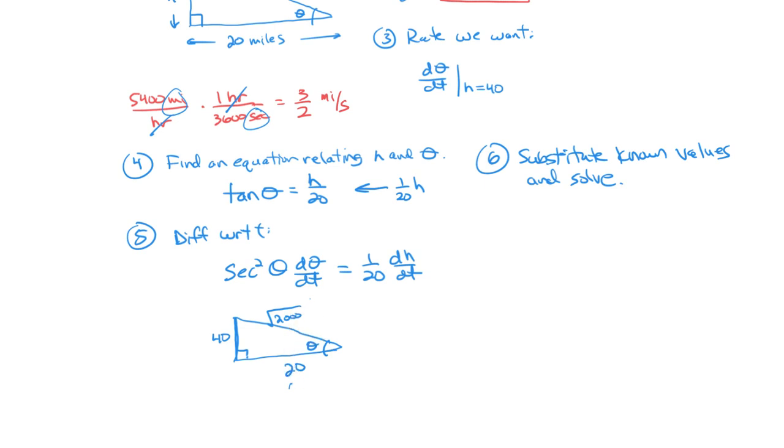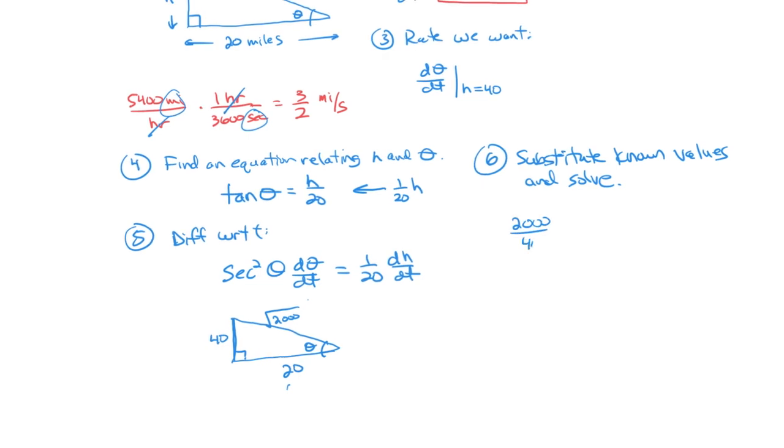So secant squared is 2,000 over 400, times d theta dt, which is what we're looking for, equals 1 over 20 times dh dt, and we know dh dt, right? dh dt is 3 halves, so this is times 3 halves.